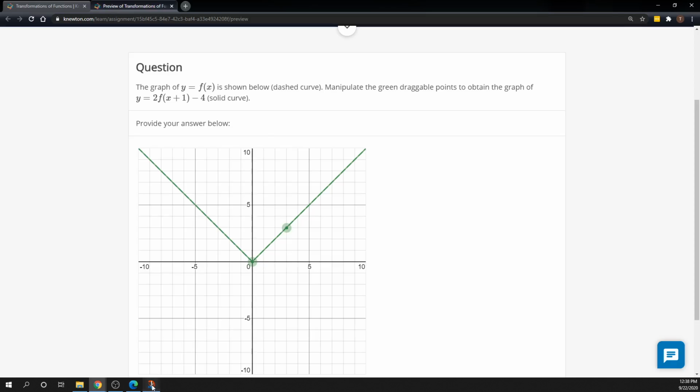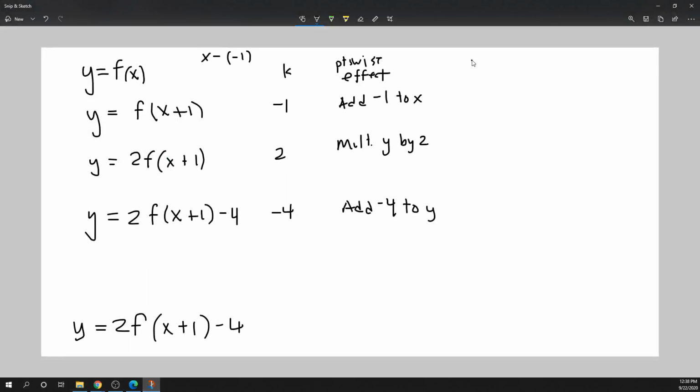We go through each of these pointwise effects. We add -1 to the x and keep the same y. We multiply the y by 2 and keep the same x, so 0 times 2 is 0. Then we add -4 to the y, keeping the same x, and 0 plus -4 is -4.